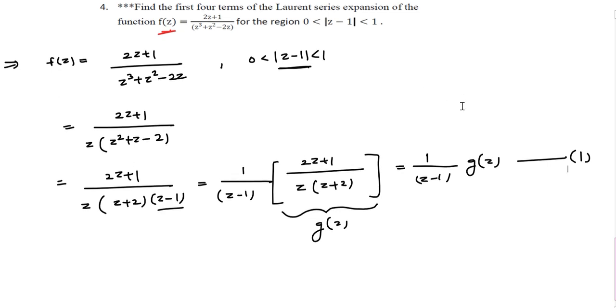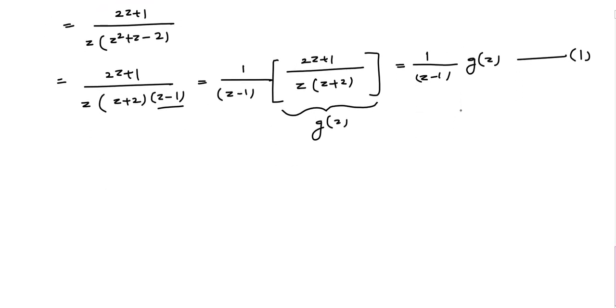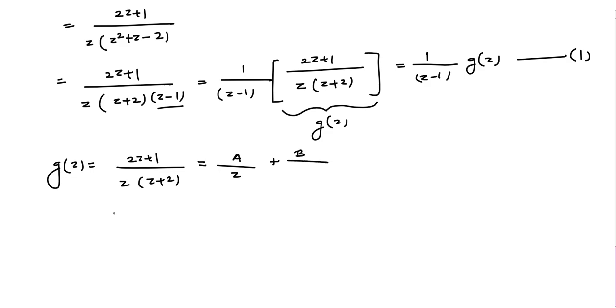So further, we write g of z is equal to 2 times (z plus 1) over z times (z plus 2). By using the partial fraction method we can write a upon z plus b upon z plus 2, because both factors are linear.